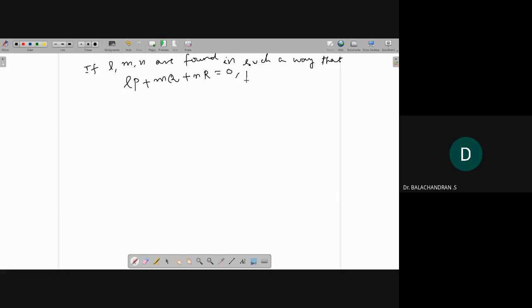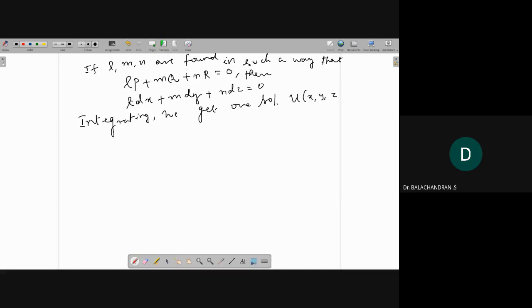Then the numerator l dx plus m dy plus n dz equal to 0. Integrating this equation, we get one solution, u of x, y, z equal to a.